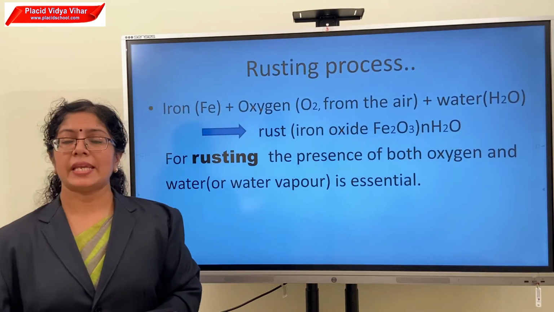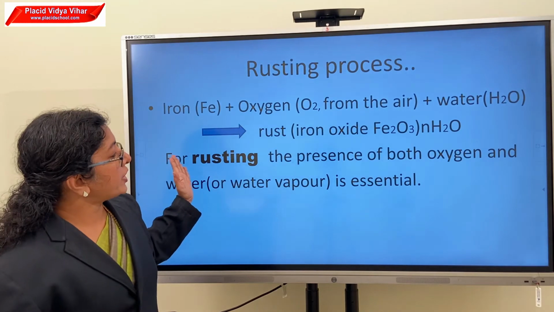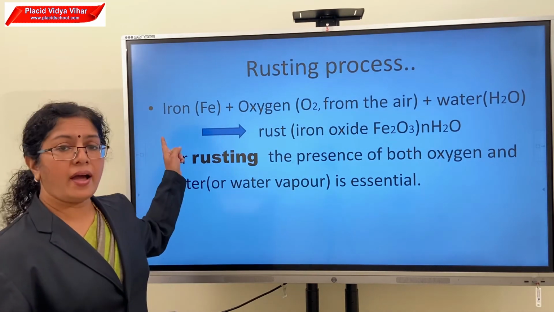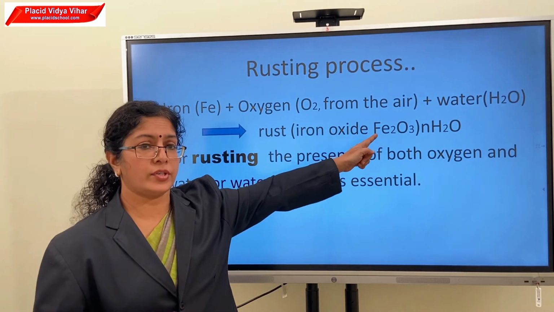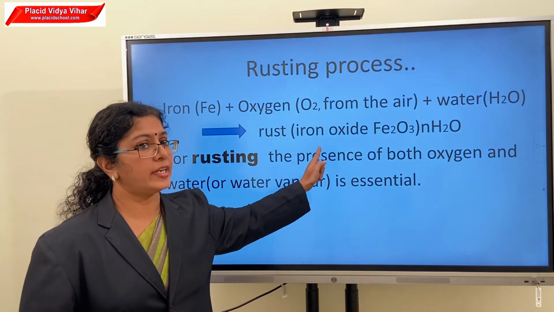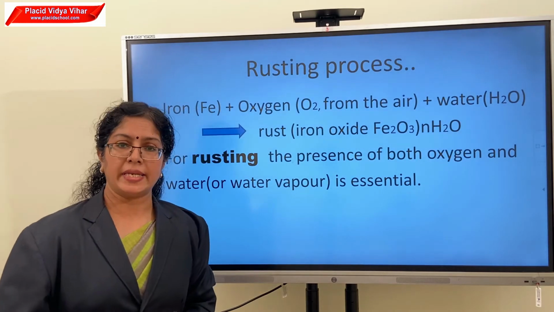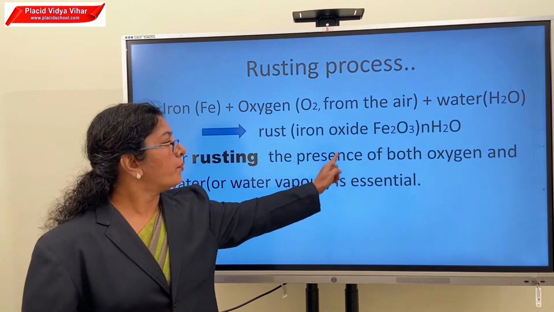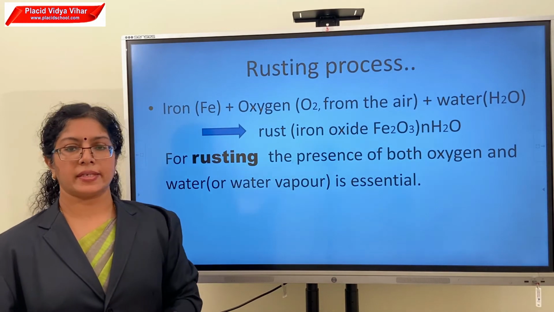Yes. See, this is the equation of this chemical change. Iron reacts with oxygen in the air and water and forms rust, which is hydrated iron oxide. Here, see, for the rusting process, both oxygen and water are necessary.